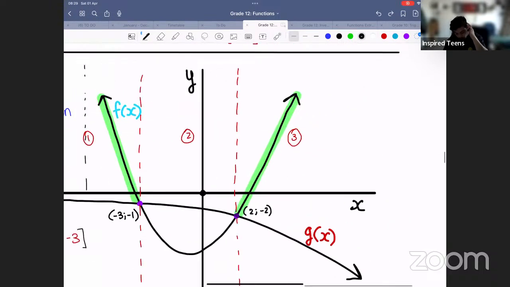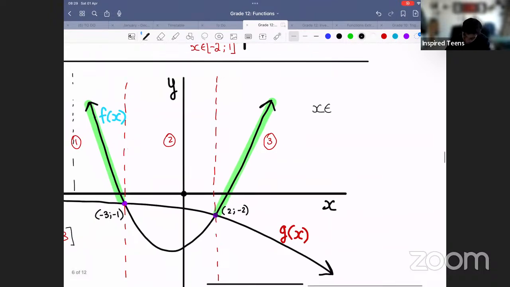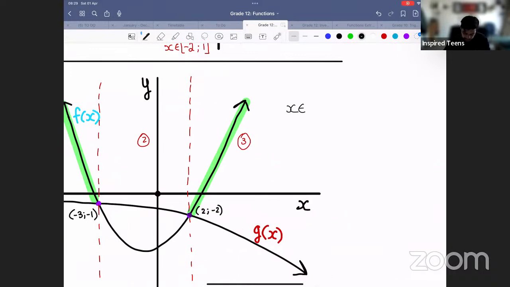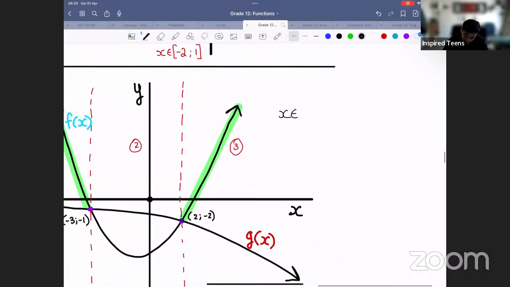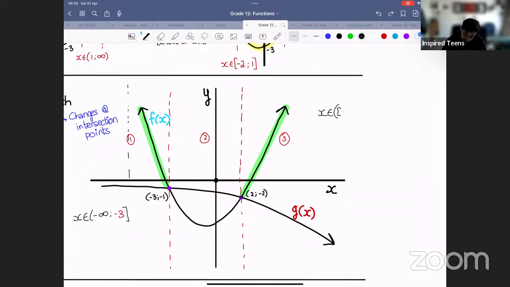Now I want you guys to give me the answer for this one. We can do it step by step. Let's just say x is an element of my most left value. Then when we do the next question, we can speed it up. Firstly, before I worry about which one it is, give me the most left value of this highlighted part of the graph.